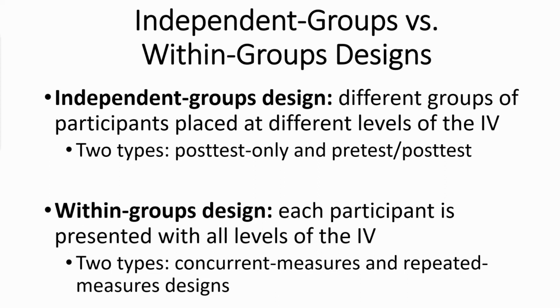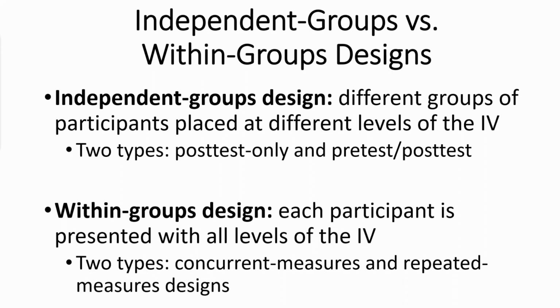And these are different than the independent group designs because each participant is presented with all levels of the independent variable. So our first one, the independent groups design, is when you have different people in different groups, and those groups each get exposed to one level of your independent variable. In a within groups design, you really only have one group of participants, and everyone gets exposed to all levels of your independent variable.